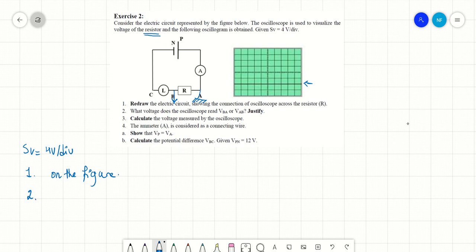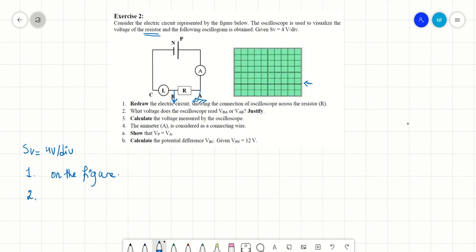Okay, part 2. Based on this, what does the oscilloscope measure? Is it reading VBA or VAB? You have to be in full focus that the oscilloscope will be connected across the terminals of the resistor, not the lamp, nor the ammeter, nor the battery. So what is the voltage that the oscilloscope is measuring? Always the oscilloscope measures from the phase to the ground, so it will be reading VBA.